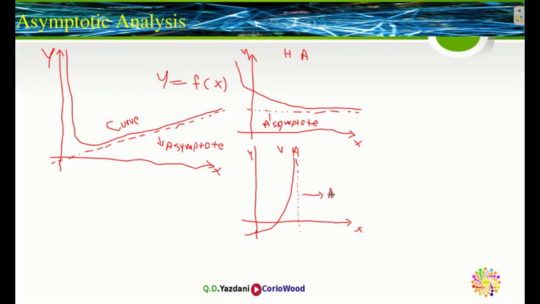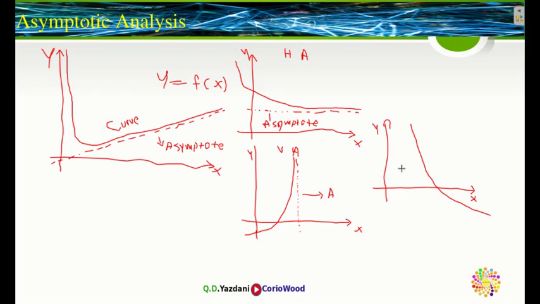Finally, the oblique one. That's our y-axis and that's our x-axis. You've seen this one is horizontal and this one is vertical, and the oblique one goes like that.